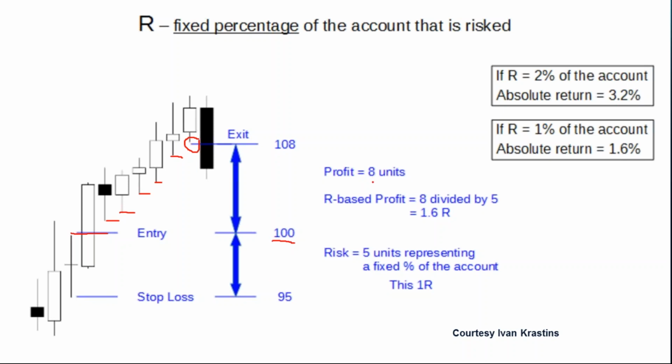It was closed here at 108, so it becomes 8 divided by 5, and we have what's called a 1.6 return against our risk. We made 1.6 times what we risked, 8 points of reward against 5 units of risk. So the reward becomes a factor of the risk as a way of managing accounts.